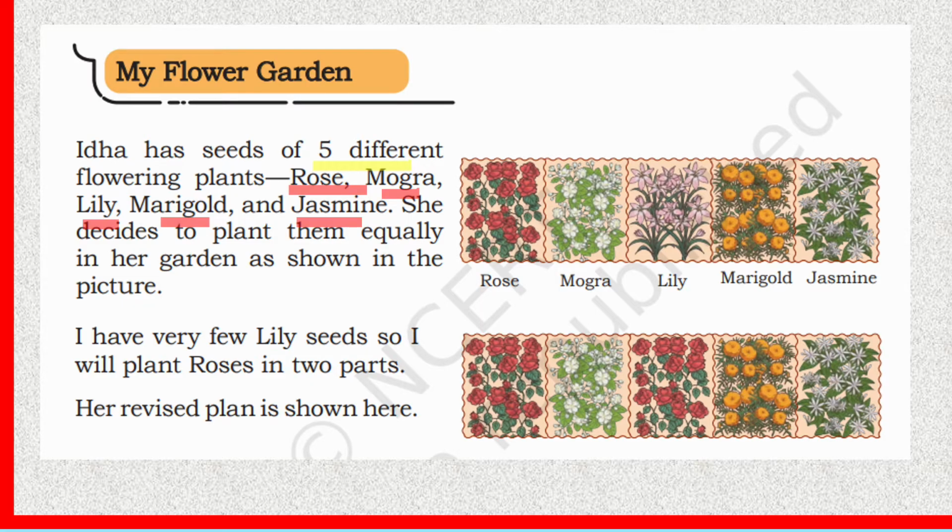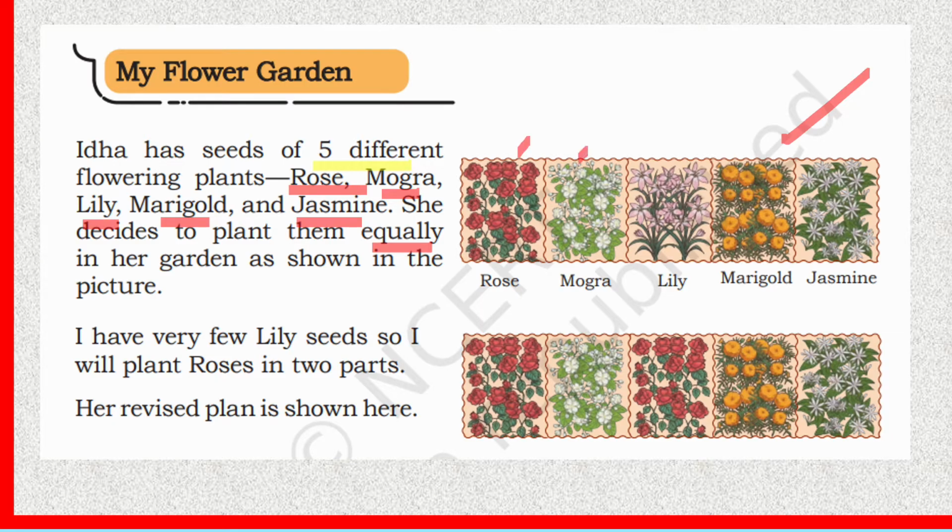She decides to plant them equally in her garden as shown in the picture. She wanted to divide her garden into equal parts and plant each type of flower in one part. See this picture here. The garden is equally divided into how many parts? 5 parts.